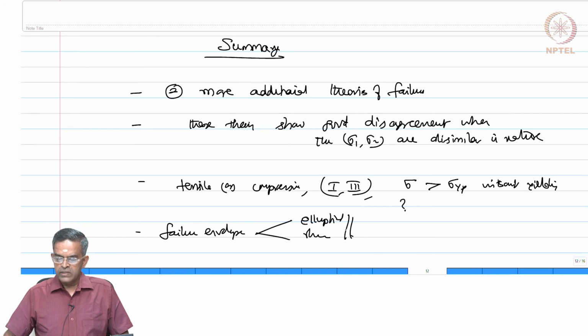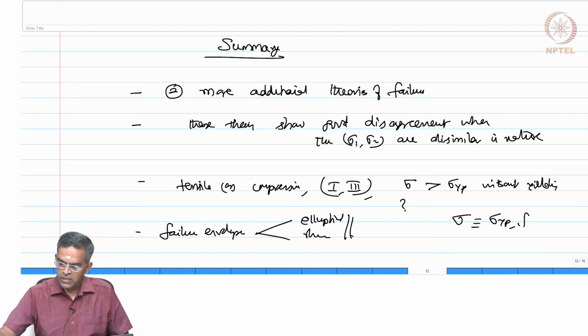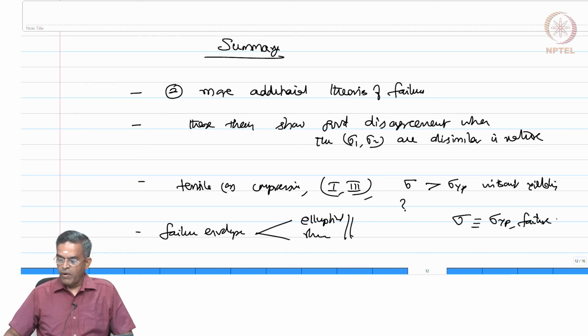It is not always that when the stress reaches sigma yp, failure starts. The theory says even at 0.87 the failure can happen, even at 0.613 the failure can happen, and so on. So, there are serious discrepancies suggested by these theories when we talk about failure, is it not?